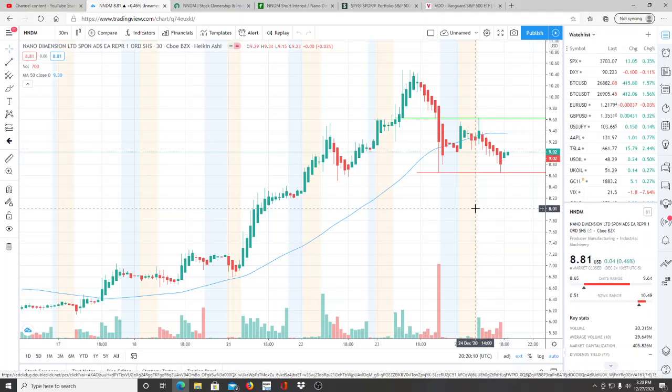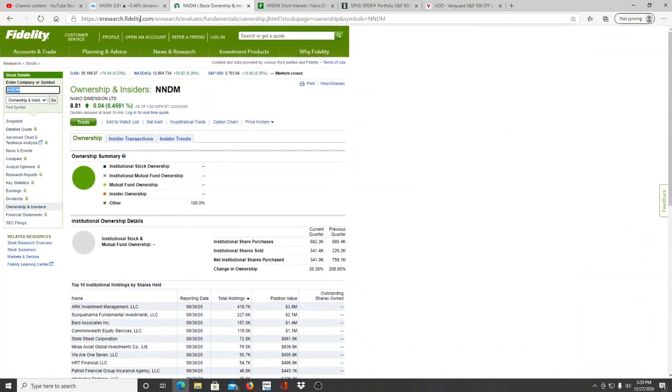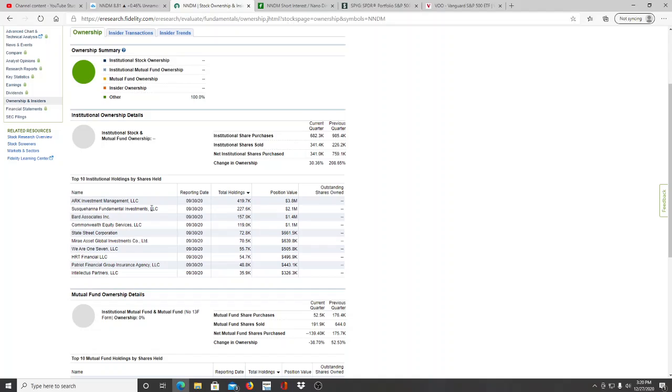And something that really stood out to me, because I did some more research, is how Nano Dimensions, and this isn't updated, this is Fidelity, is here, and you can see Ark Invest's position on September 30th. Literally from September 30th till now, once October starts and once January starts, that's 3 months.